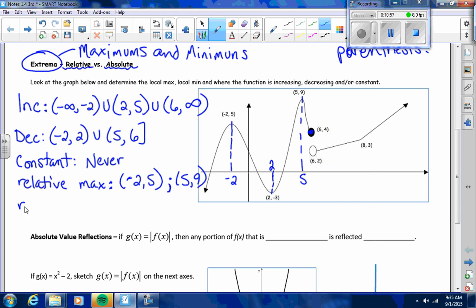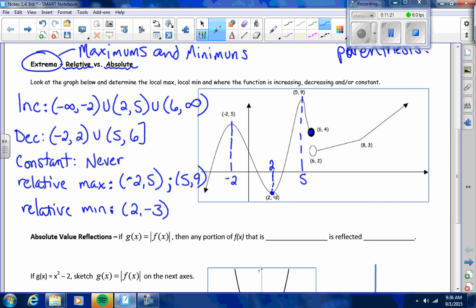So now let's talk relative minimums. Okay, relative minimum. Let's go with Emily. Do we have one? Okay, 2, -3. 2, -3 reaches a relative minimum.